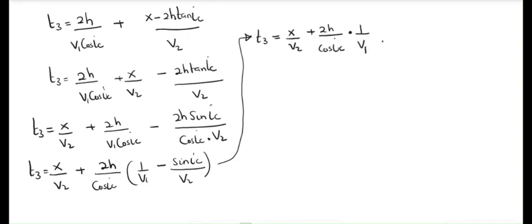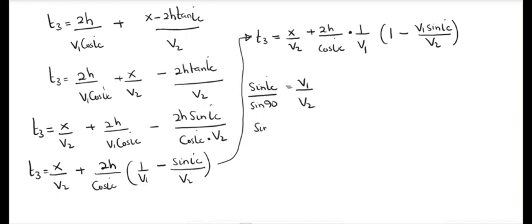So if I factorize V1 out, I'm going to get 1 minus V1 sine IC over V2. But I know from Snell's law that sine IC over sine 90 is going to be V1 over V2, right? So I can say that sine IC over 1 is equal to V1 over V2.